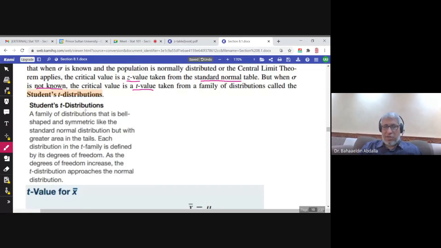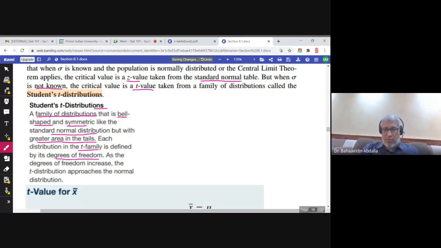Notice that we say distributions because really we have a family of distributions. All of them are bell-shaped and symmetric, like the standard normal distribution, but with greater area in the tails, so more spread than the standard normal. Each distribution in the T family is defined by its degree of freedom.